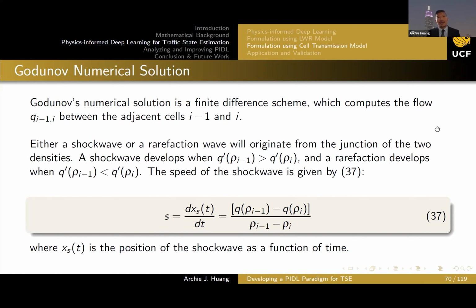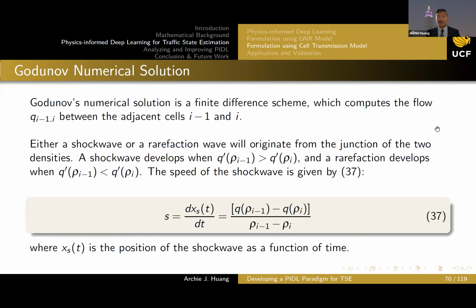Recall in the mathematical background section that if the characteristic speed on the left is greater than the speed on the right, then that calls for a shockwave solution, or a shockwave will develop. And if the characteristic speed on the left is smaller, then we land at a rarefaction solution.